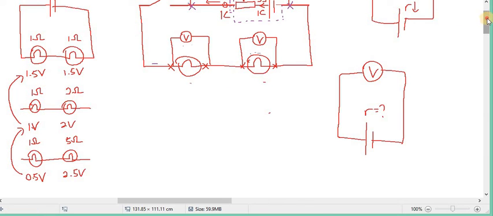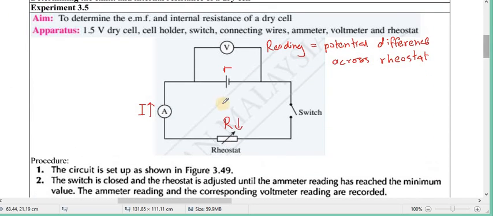The voltage of the first bulb will automatically increase. So that is the same case for this situation. When I decrease the resistance of the rheostat, the potential difference across the rheostat will go to the internal resistance, you see or not? So the reading that shows the potential difference across the rheostat will decrease.